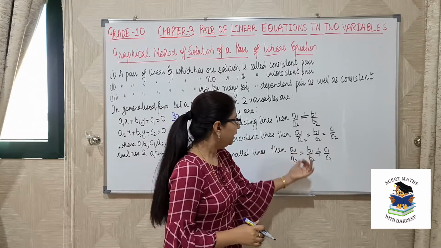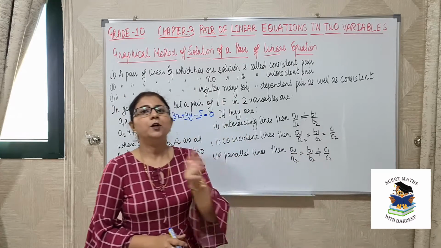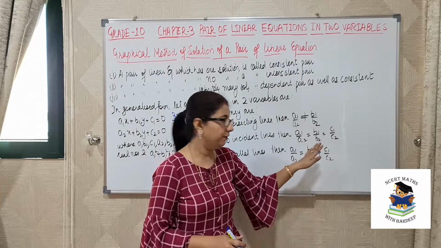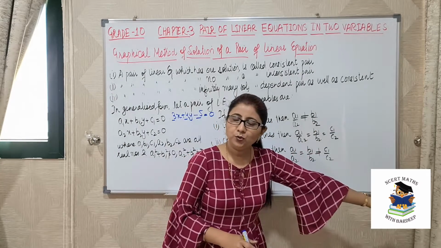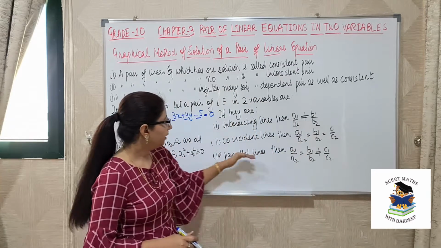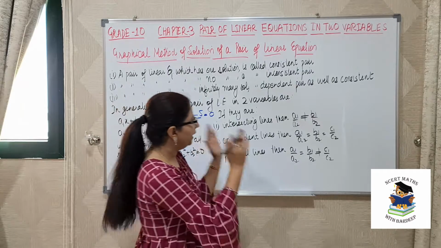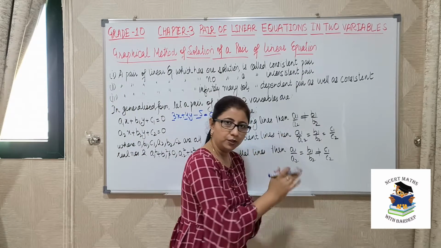And thirdly, if two values are the same but the third one is not, a1 by a2 is equal to b1 by b2 but not equal to c1 by c2, then we can say that the graph will be parallel lines. So this is very helpful in finding the solution.